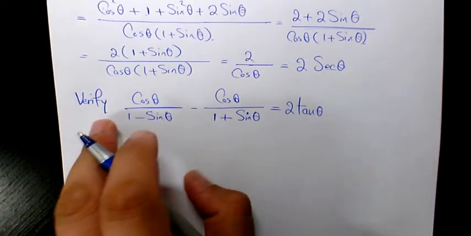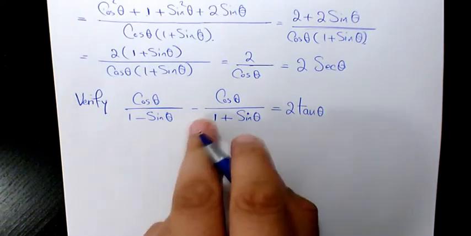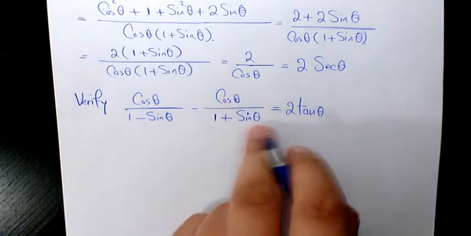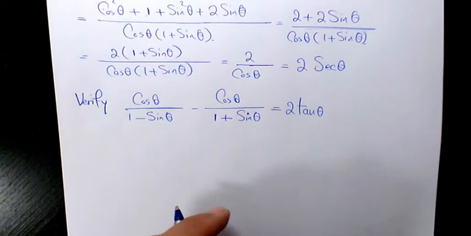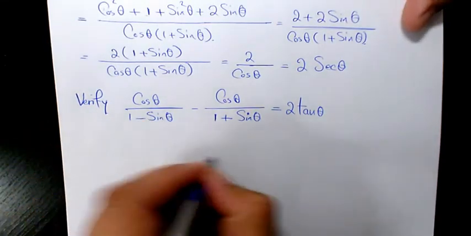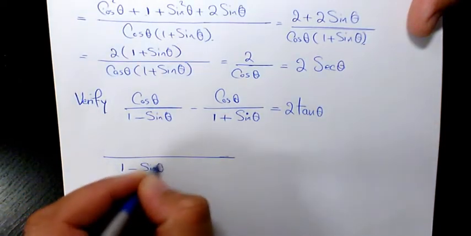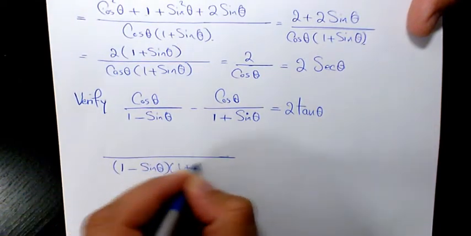Next example is verify cosine theta over 1 minus sine theta minus cosine theta over 1 plus sine theta equals 2 tan theta. So what we need to do, we need to have the common denominator, 1 minus sine theta times 1 plus sine theta.